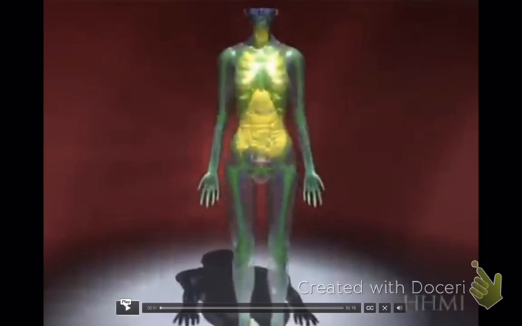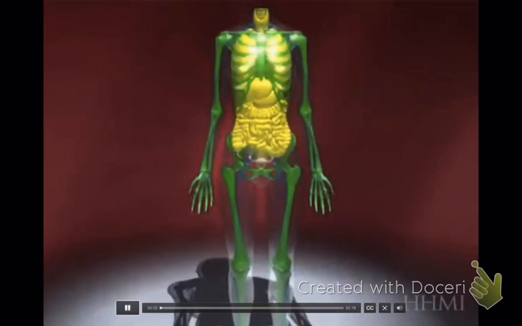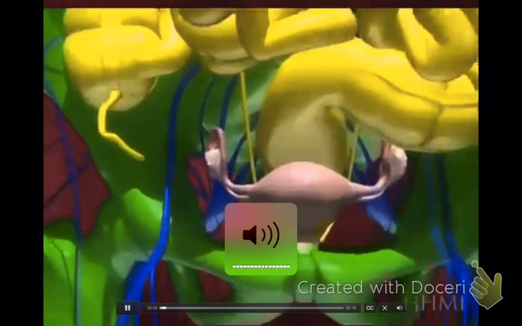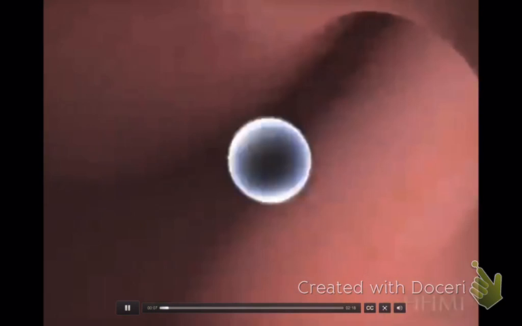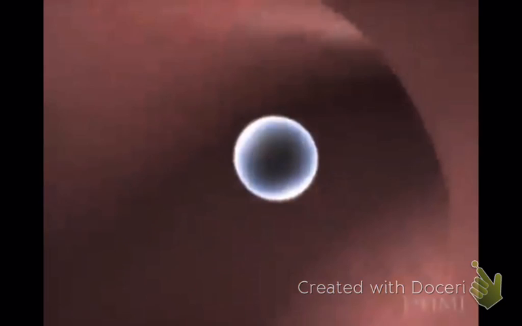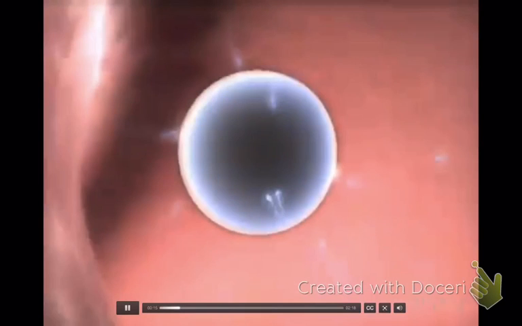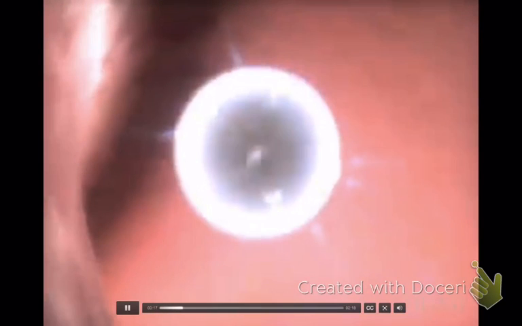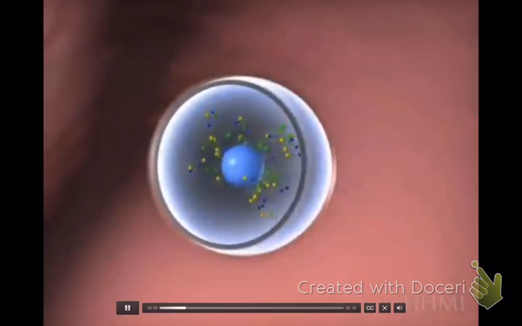It's very brief, like 2 minutes. Look at the beginning of development, looking into the ovary at an unfertilized egg. It then gets fertilized by sperm, which travel down the fallopian tube. So here, millions of sperm coming along. Several of them will hit the egg and try to penetrate it, but one will win, as it were, and go into the nucleus.